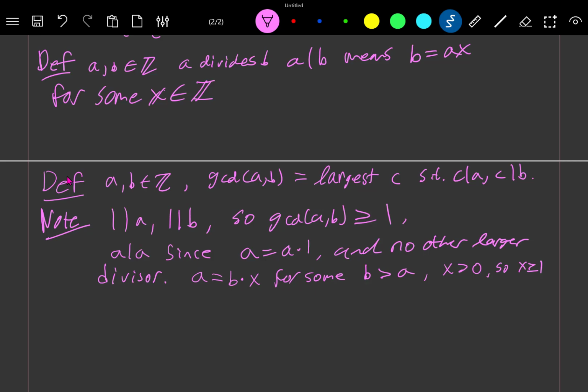So a question comes, how can we compute the GCD?